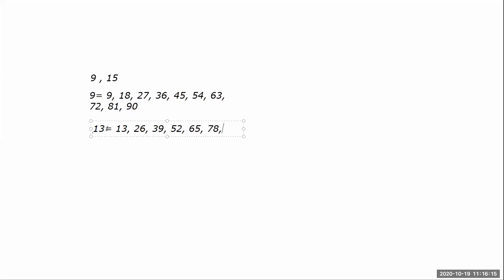Okay, so we have to write the table of... After writing the table, see first we have to write the table of 9, then table of 13, and then we have to find the common factors among these two.